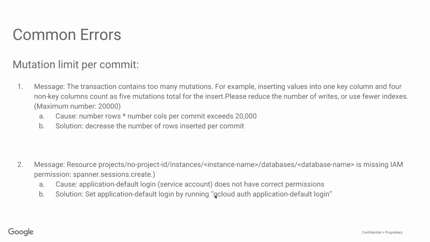You saw me run the gcloud auth application-default login command. If I didn't do that, I would get an error saying I didn't have the permissions necessary to perform this operation. I've seen both of these several times as I've built this out, and those are the 2 most common errors that I've come across.